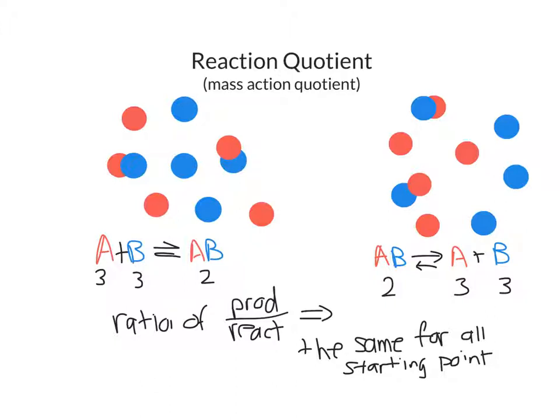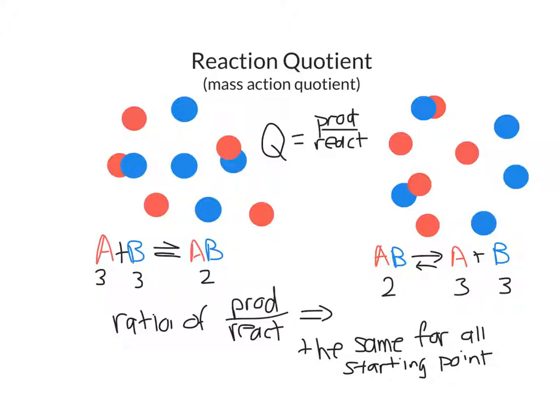Because this ratio is so important in defining equilibrium reactions, we give it a special name and a special symbol. And so we call it the reaction quotient, Q, and it's going to be equal to a ratio of product concentrations divided by reactant concentrations.